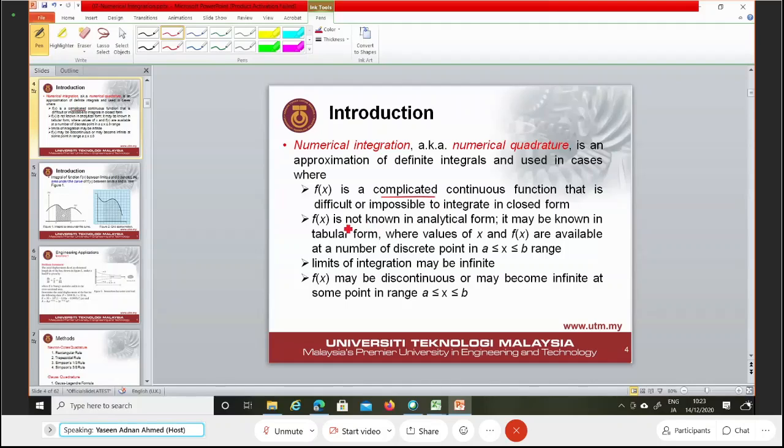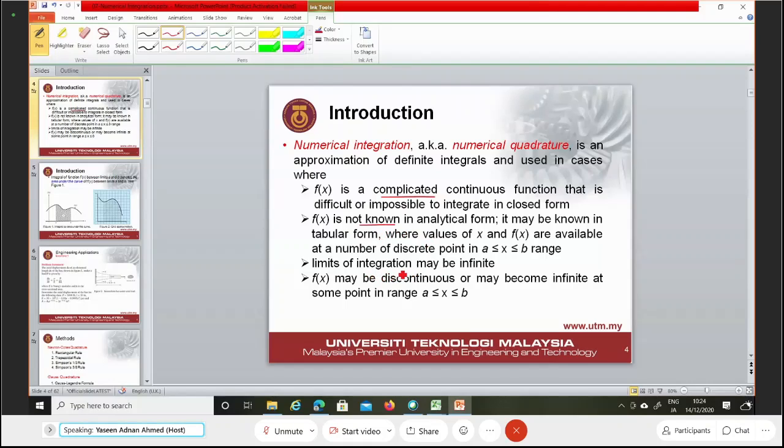And sometimes you don't know the function. The requirement is the same as for differentiation. If the function is complicated, you cannot differentiate, so you use numerical differentiation. Here it is the same. If your function is complicated, you cannot solve it, so you use numerical integration. If the function is not known and tabular values are given, you can also use numerical integration because you don't know the relationship directly.